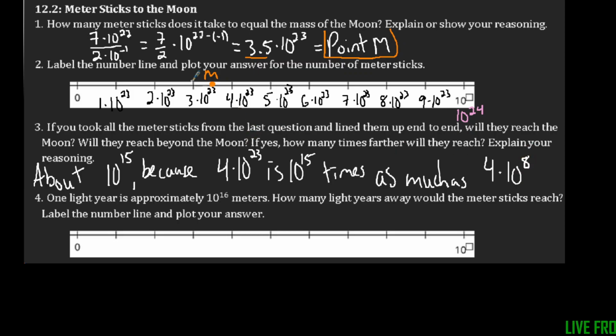So notice how we're using those exponents to get our answer. It's almost like we did 10 to the 15th times 10 to the 8th to get our 10 to the 23rd.